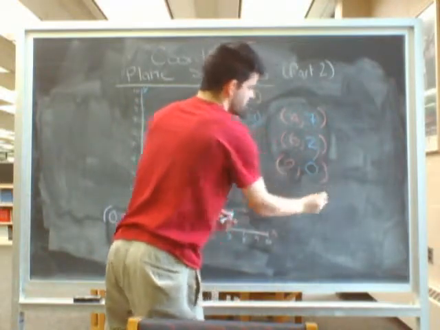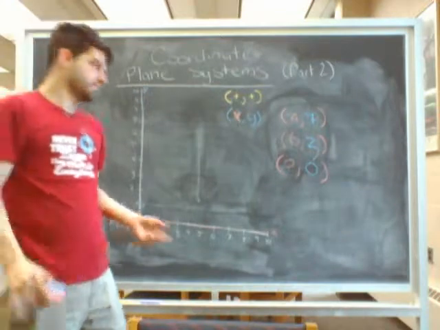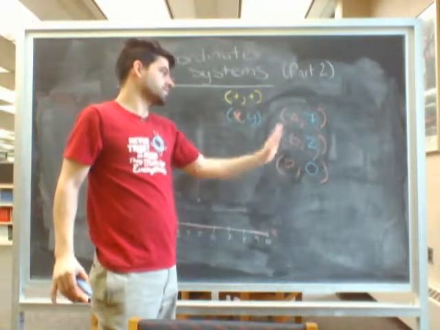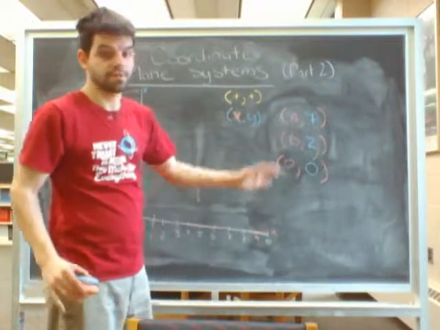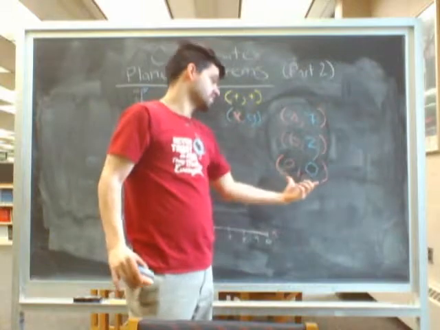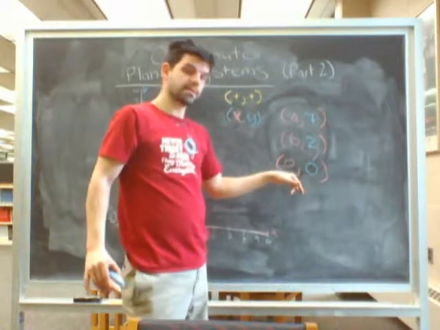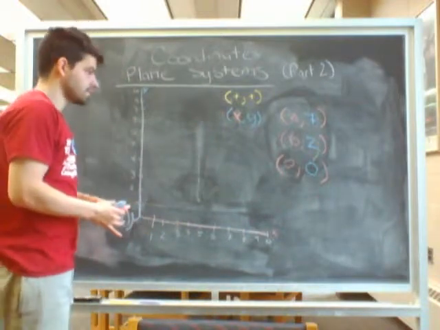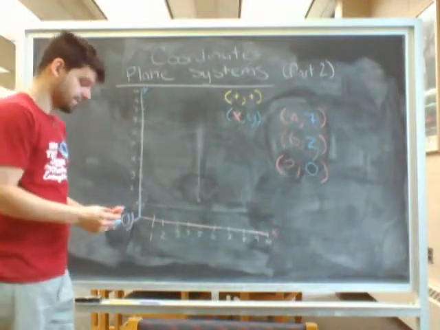Now, just to show you what the colors mean, red indicates that those are the numbers that are in direct relationship with the x-axis. When you read the numbers of the system, you're going to start with your x-axis, then you're going to go to your y. Okay? So, looking at the first one, we have 4, 7.